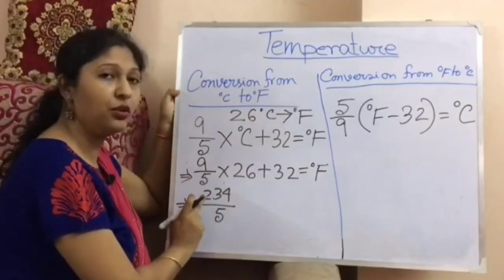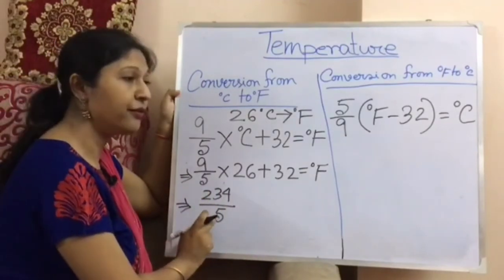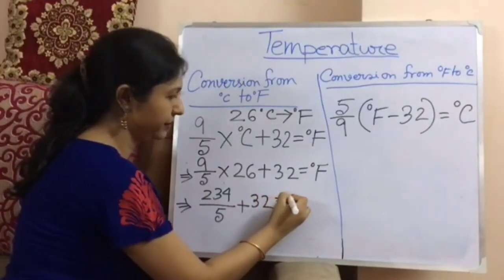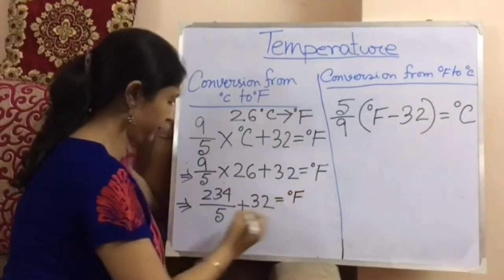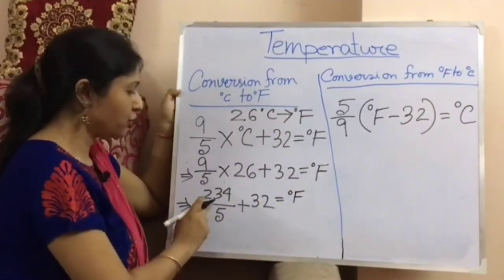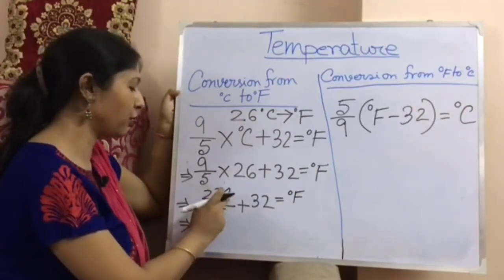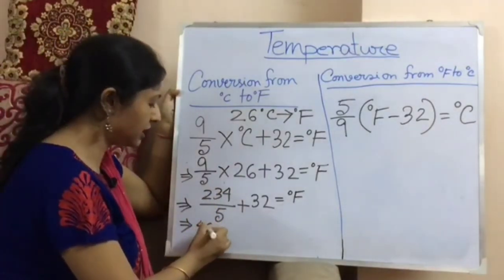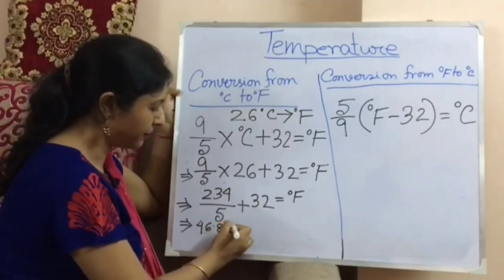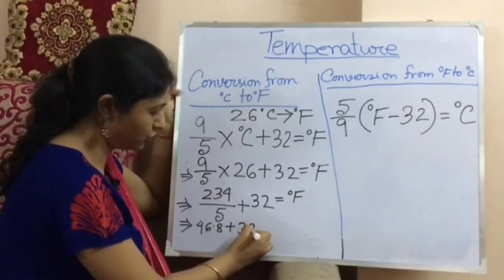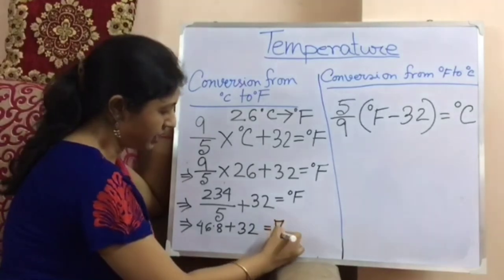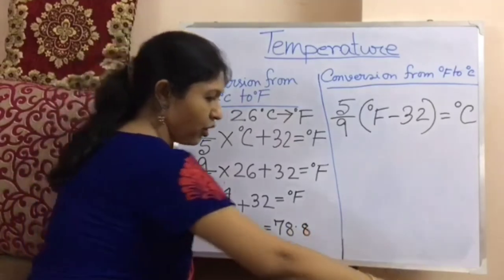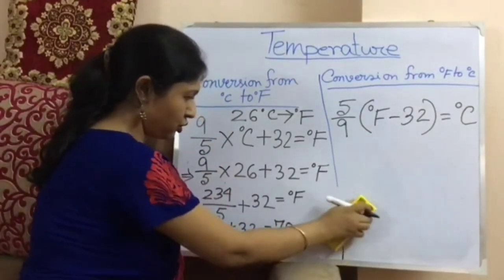After multiplication we get 234 by 5 plus 32. When we divide 234 by 5, we get 46.8 plus 32. It will come to 78.8.